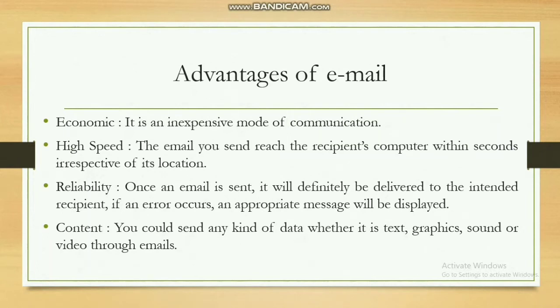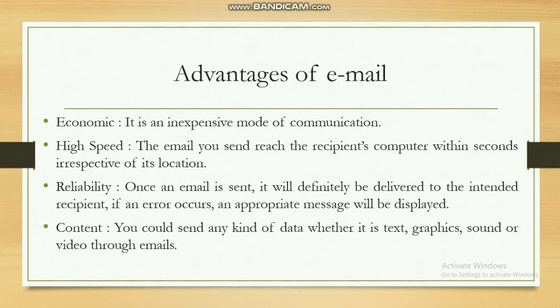And reliability. Once an email is sent, it will definitely be delivered to the intended recipient. If an error occurs, an appropriate message will be displayed. That means the email is so reliable. Sometimes some postmen may not deliver goods or letters to you because it is left to the person's integrity.